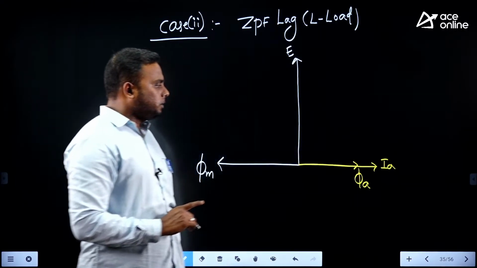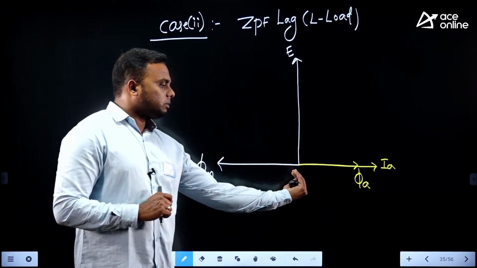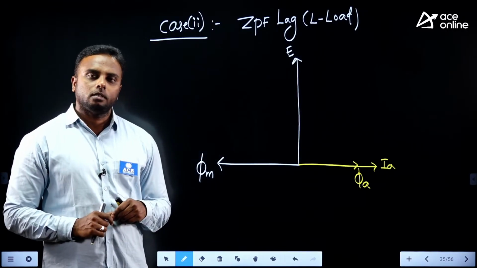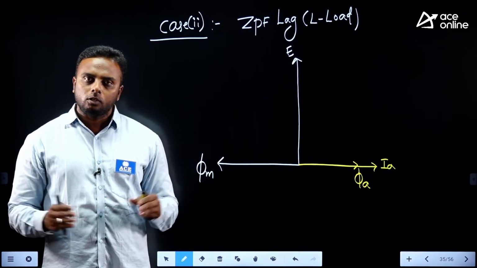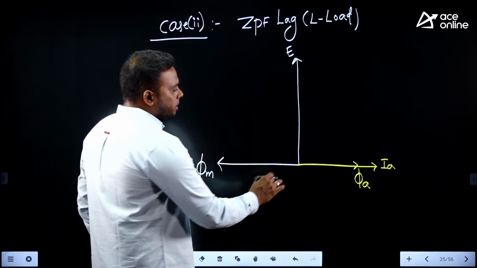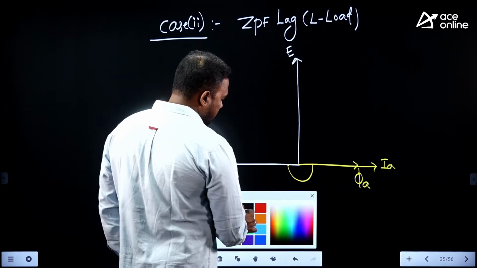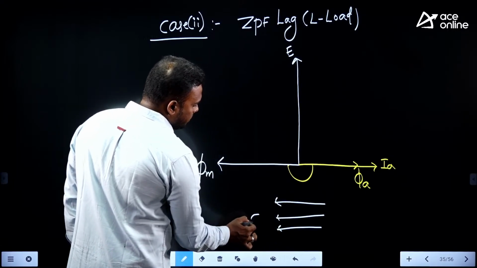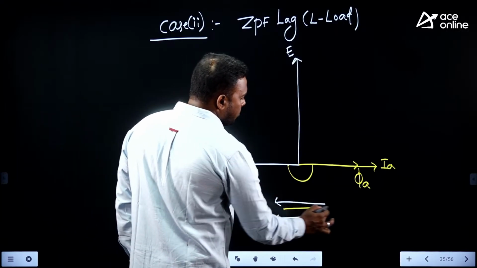Okay. Now observe what is the effect of this armature flux on main flux. Main flux is moving in this direction, but armature flux is coming exactly opposite to that. They are in phase opposition, 180 degrees out of phase. So due to this, what is the resultant effect? If main flux is moving in this direction, these are the main flux lines, but armature flux is moving exactly opposite to that.